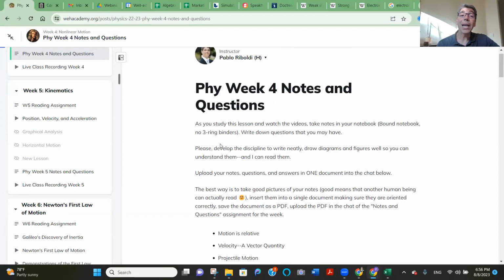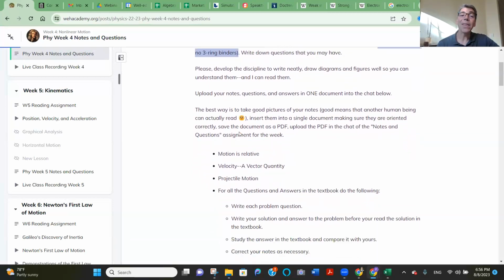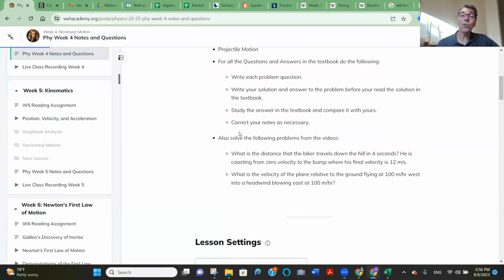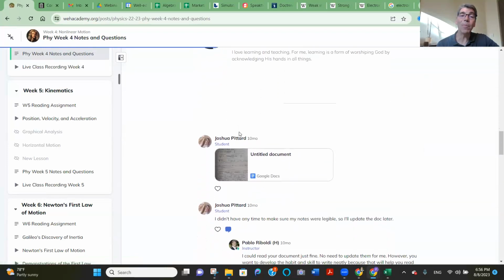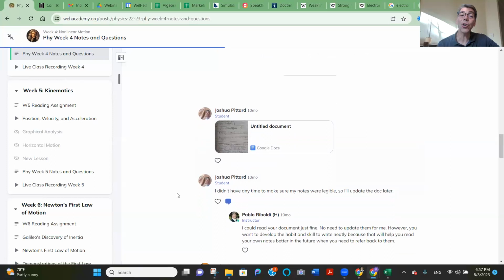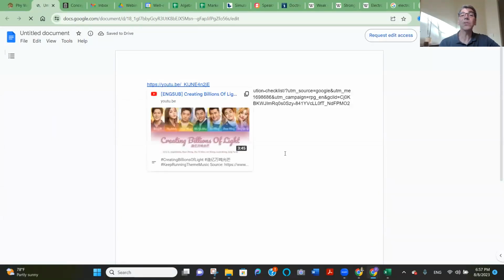The instructions say that you have to write your notes by hand in a bound notebook, not 3-ring binders or loose pages, please. You write your notes as you read, and then you add your notes at the bottom of this lesson as a document, so you put them here together, so that I can read them this way.